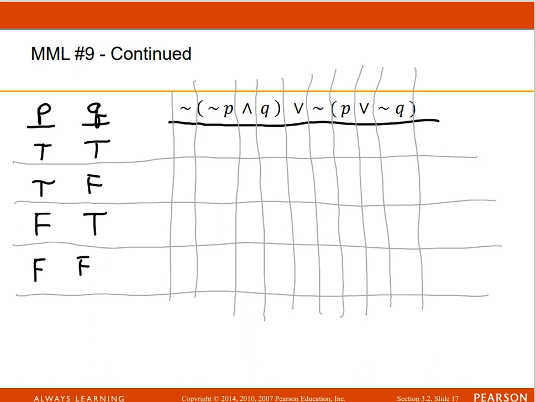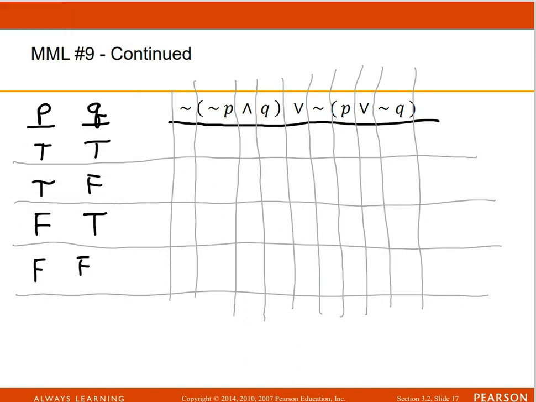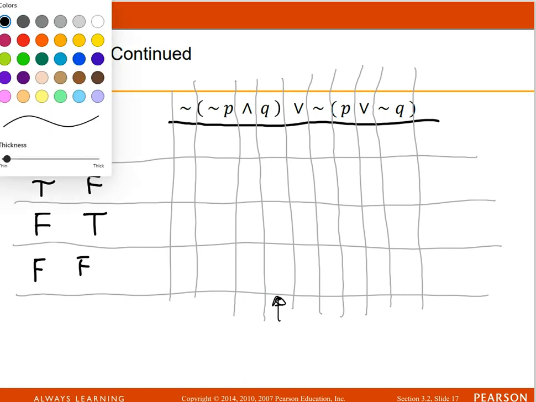And every one of those little boxes in there is going to be filled with a T or an F. Now, I'm going to go back to my black pen because there are 2 of these columns that I can just use my copying skills on. And they are this one here, because it says Q. Let me make that a little thicker. There we go.